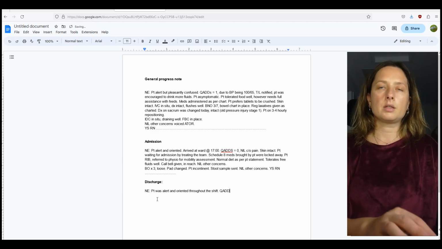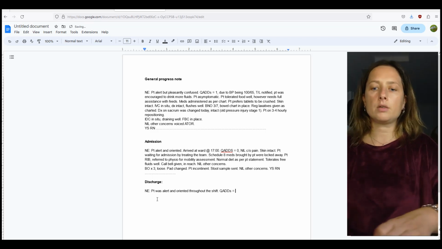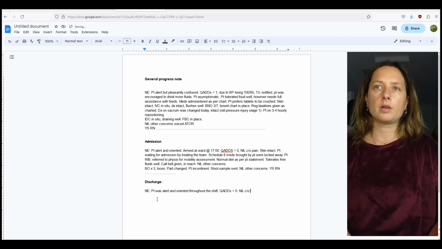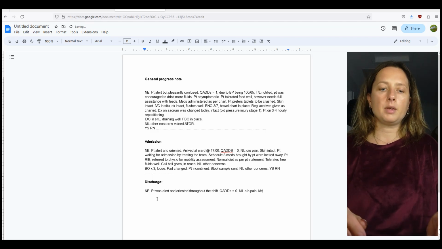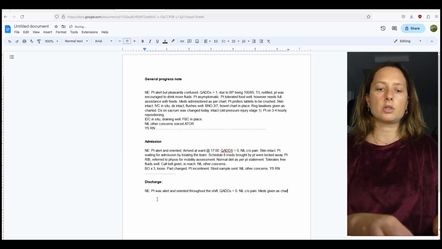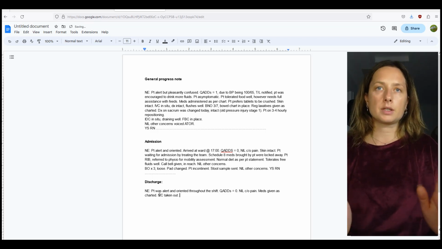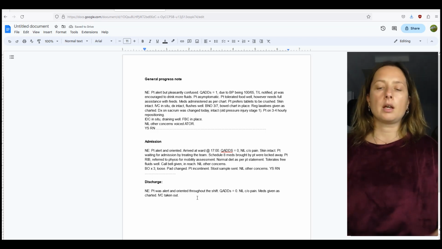Q adds were 0. New complaint of pain, meds given as charted, IVC taken out because he was going home.